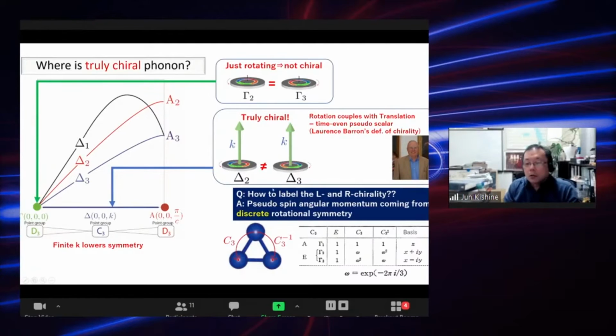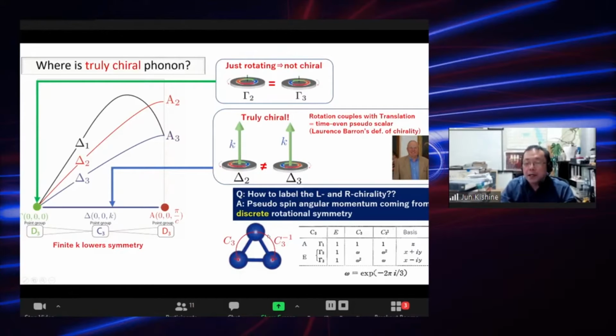Okay, on the other hand, from the group theoretical viewpoint, the delta 2 mode and the delta 3 mode are classified according to the irreducible representations of point group C3 along the delta line. Then the problem arises of how to label the left and right chirality. The answer is the so-called pseudo spin angular momentum coming from discrete rotational symmetry.